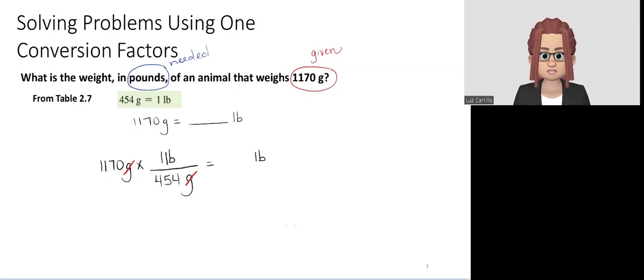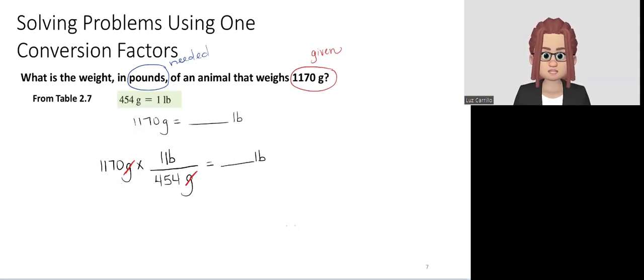How do we determine how many significant figures, or the digits that carry meaning, we're going to put in our final answer? That is going to be determined specifically by the measurement given.